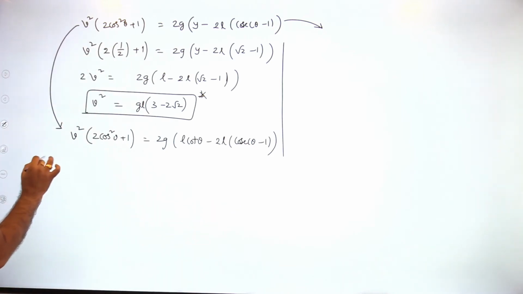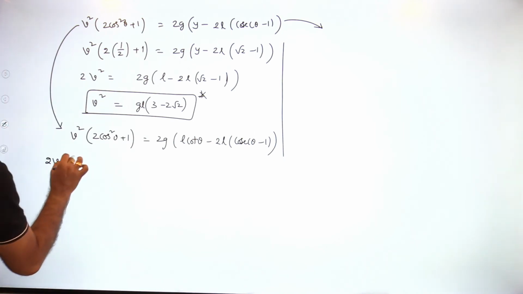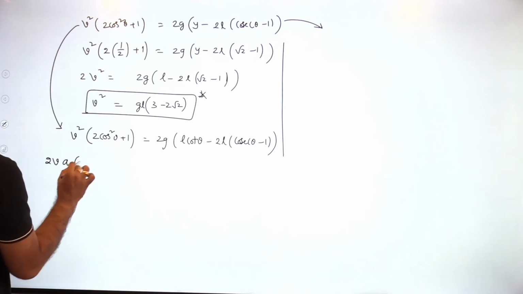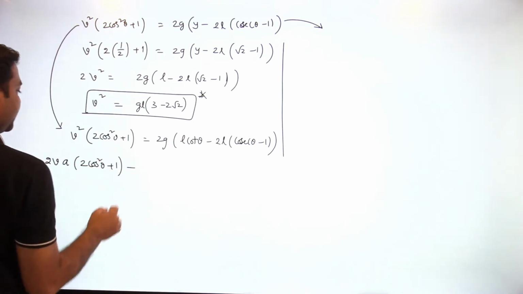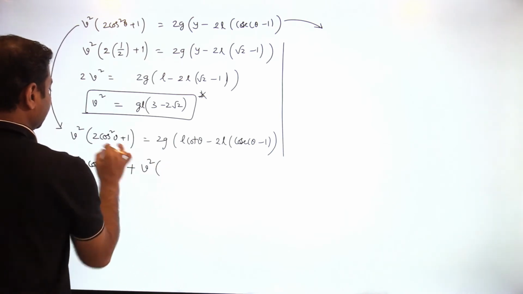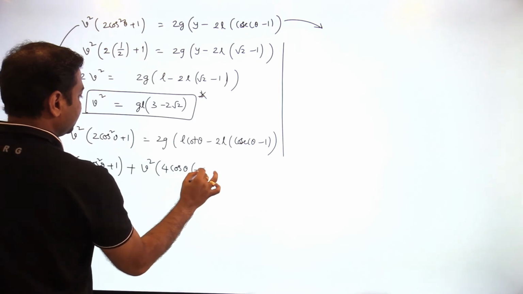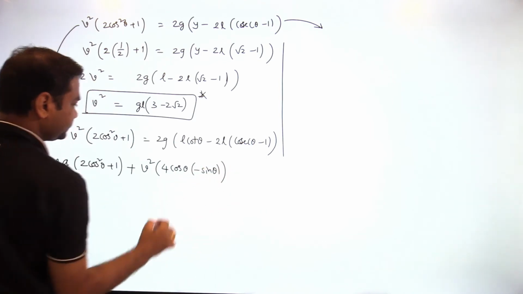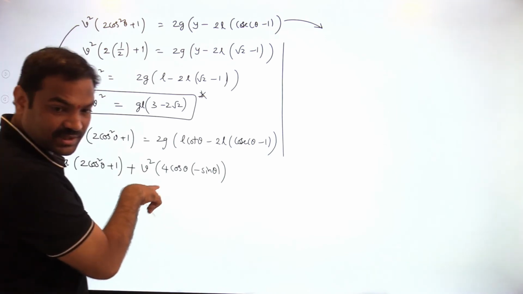Now differentiate it. Then v square derivative is 2v into the derivative of v, dv by dt, the acceleration. Okay? So derivative of this into 2 cos square theta plus 1, plus v square as it is, the derivative of 2 cos square theta is 4 cos theta into minus sin theta. I am doing the derivative. See, the v square term is there.